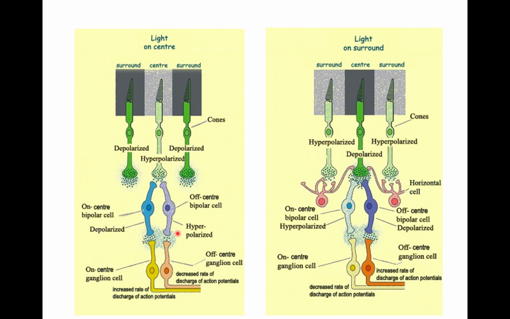This is an example of an off-center bipolar cell that sees glutamate as being an excitatory neurotransmitter. Less glutamate being produced means that it's hyperpolarized relative to normal because there's less of this excitatory component being added to it. And so there's less glutamate being passed on here, and this moves onwards.